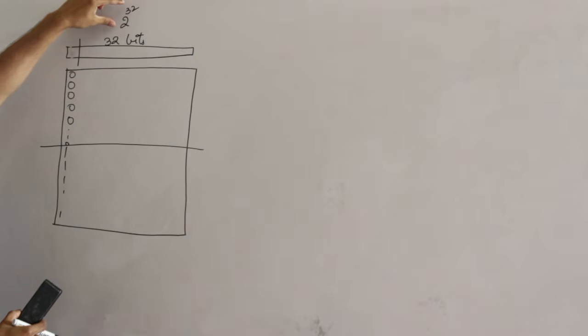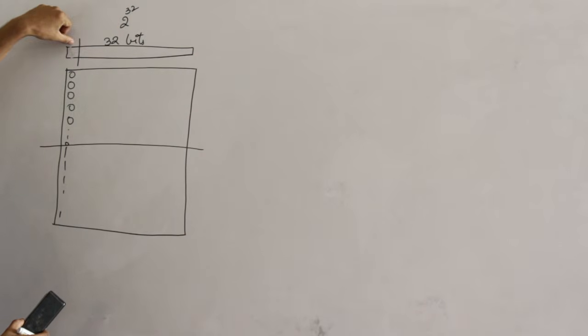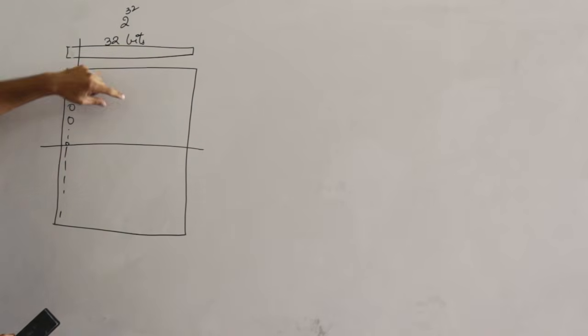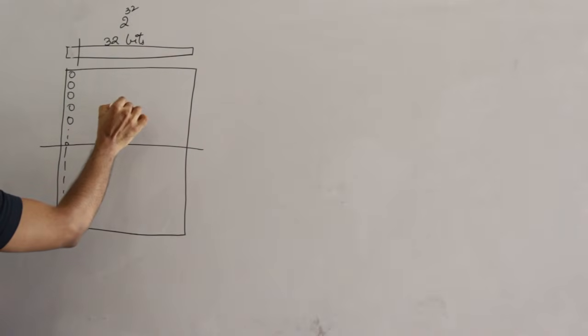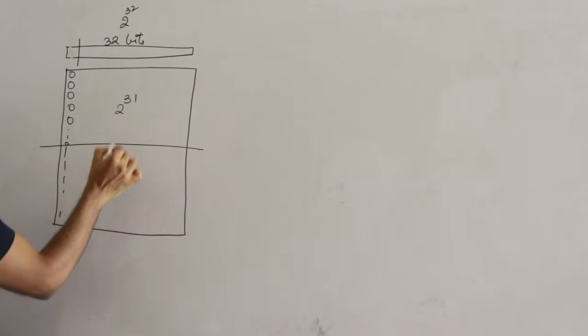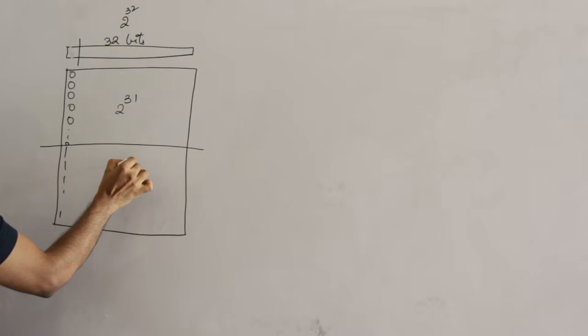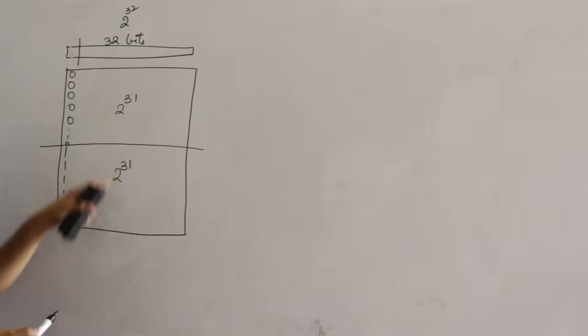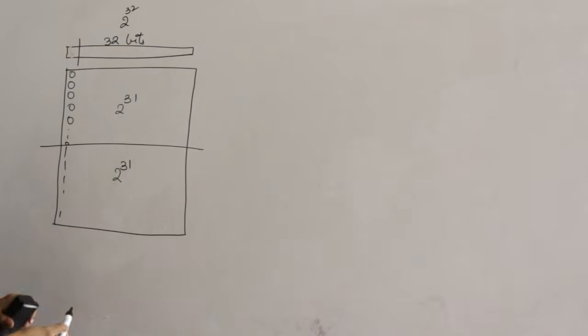So total numbers were 2 power 32, and I have chosen one bit, because of which we divided the entire set of numbers into two parts. Then what is the size of the first part and the second part? The size of the first part is 2 power 31, and the size of the second part is 2 power 31. The reason is that when 2 power 32 is divided in half, we get 2 power 31 and 2 power 31, right?